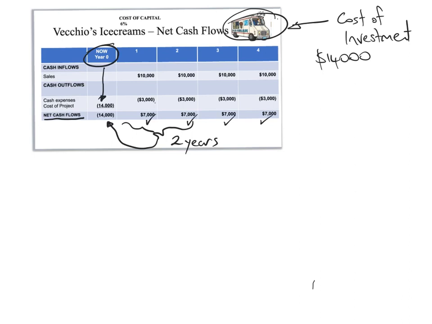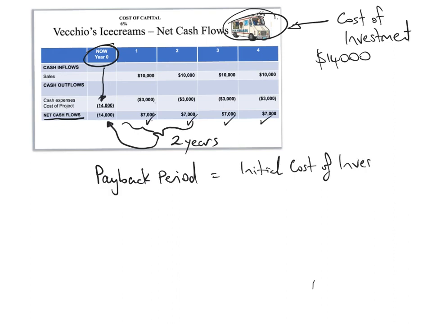Now in your formulas booklet, if you have a constant cash flow every year, or net cash flow every year, then the payback period is quite a simple thing to calculate. We say that the payback period, and this formula is in the back of the booklet, is the initial cost of investment over the annual net cash flows.